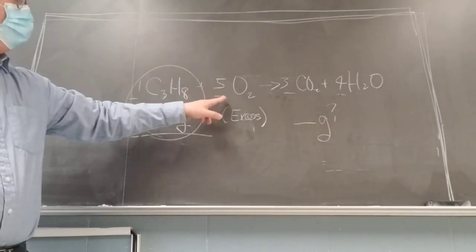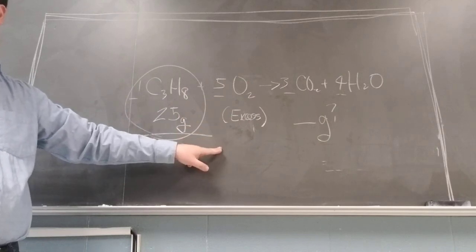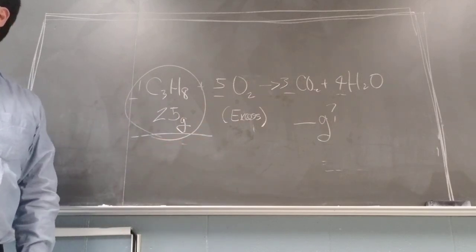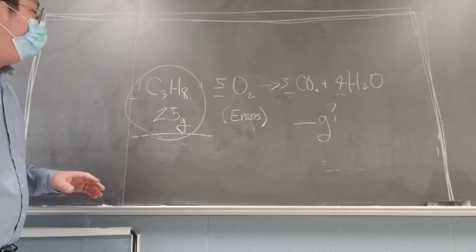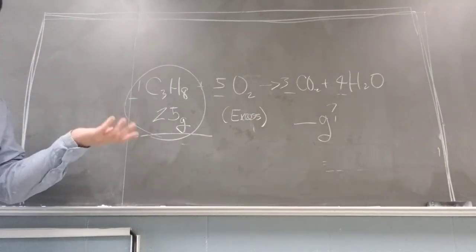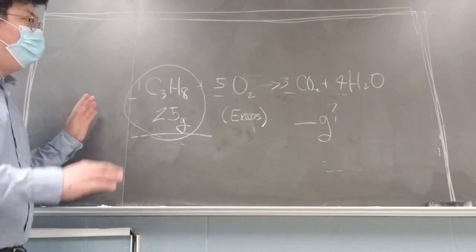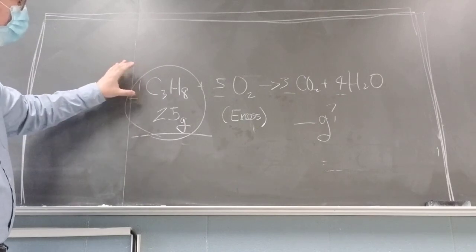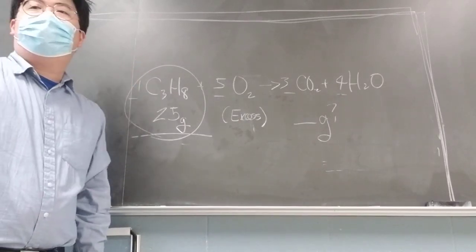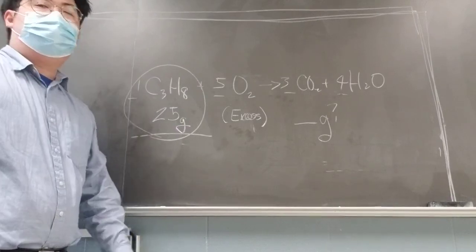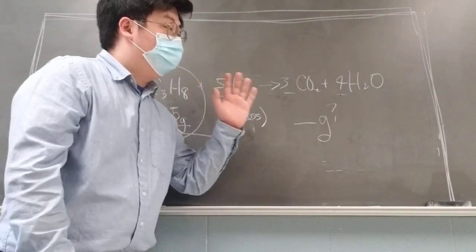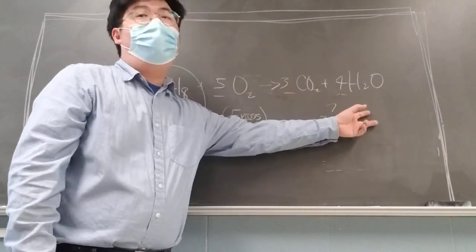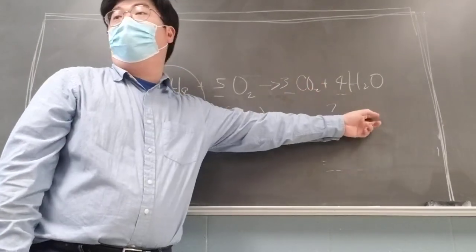So I put 5 because the diatomic molecule makes also 10 over here as well. Okay, makes sense, right? So now we have the coefficient numbers, and we balanced the equation, which means if you have 1 propane interacting with 5 oxygen gas molecules, they'll produce 3 and 4 carbon dioxide and water. That's what it means.